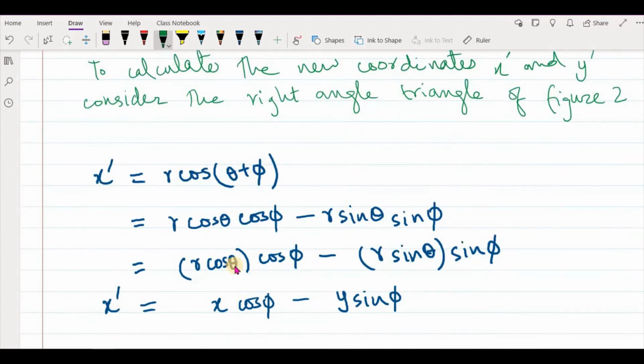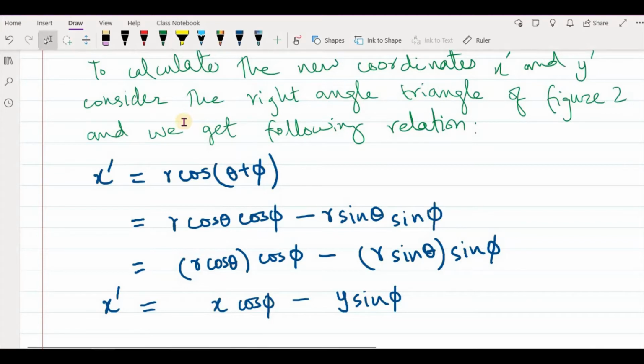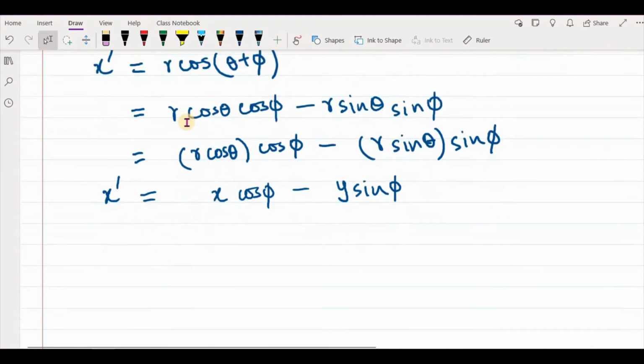So by using this we can get this equation, and we get the following relation. Okay, this is from the figure 2.